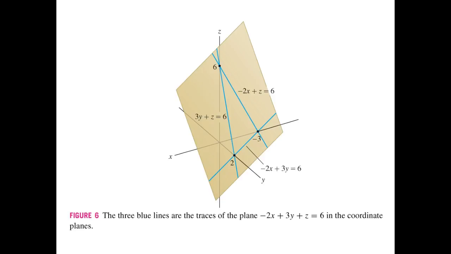Where are you then? y is equal to 0 and z is equal to 0, you're on the x-axis, that's the only place that it crosses the x-axis. Well, when you set those equal to 0, minus 2x equals 6, x equals negative 3. There you are. That's where it crosses the x-axis.